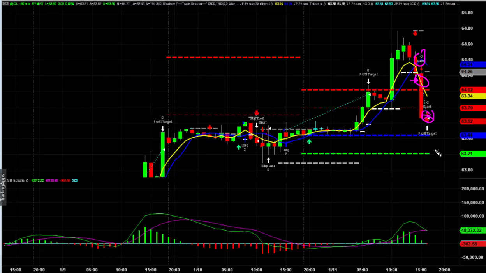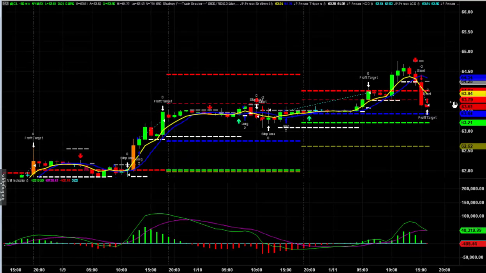Because the criteria is still met. So it's now going to have a different risk. It took profits on one. It's going to take a smaller risk factor and go into a new trade if it continues to move lower. So that's the crude oil, and that's what we did for the Algo Optimizer, specifically targeting crude oil.